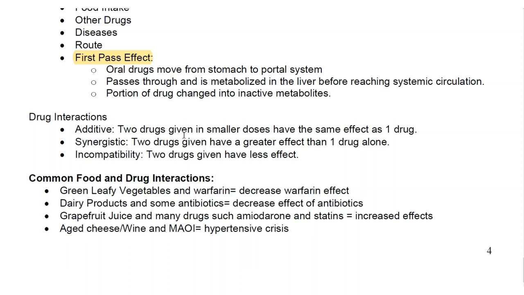Grapefruit juice actually has so many drug interactions. So it is recommended that, if patients are on multiple medications, they just avoid drinking grapefruit juice. Anyhow, grapefruit juice has many drug interactions, such as with amiodarone and statins. Basically, it increases the effect of these drugs, so therefore it can increase the likelihood of adverse reactions. Now, aged cheese and wine interact with monoamine oxidase inhibitors. It can cause hypertensive crisis.